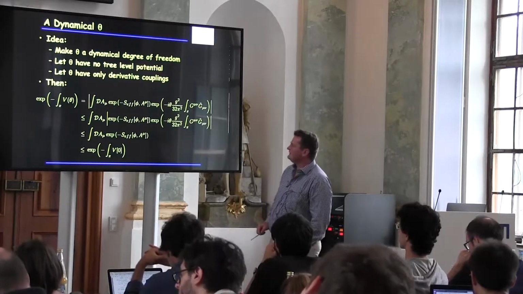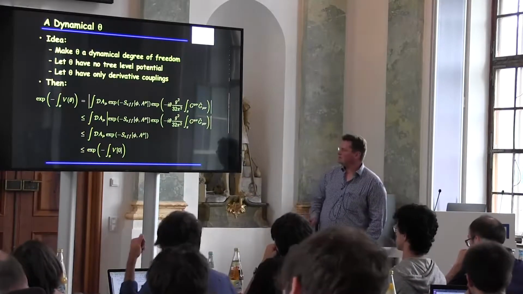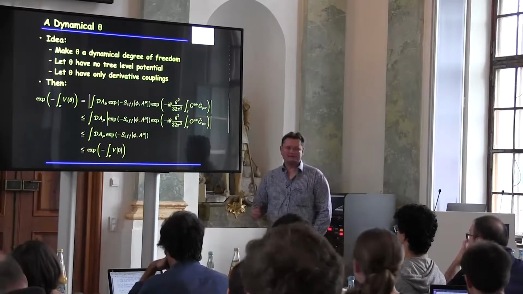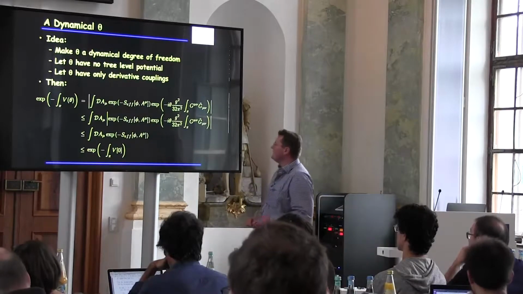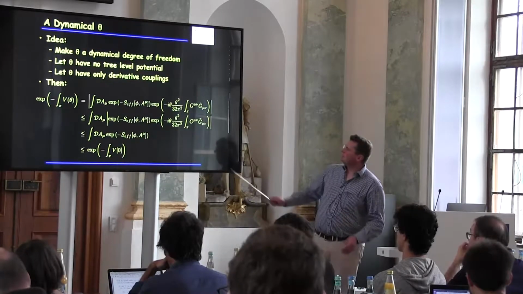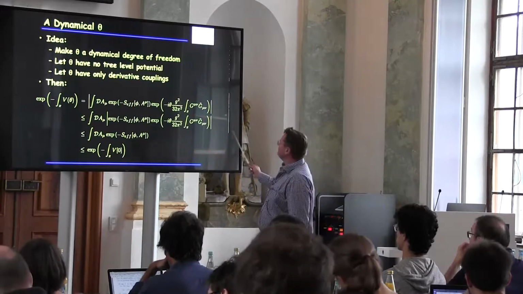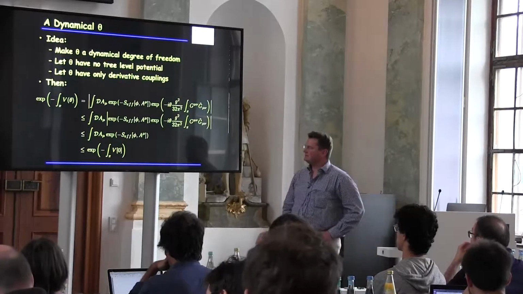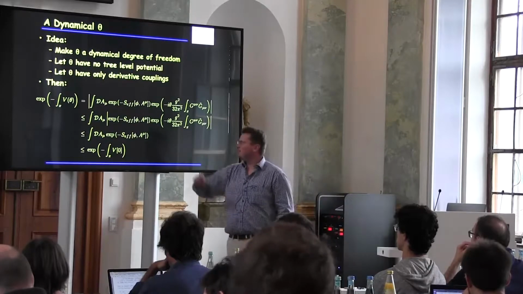So in that sense, this effective action here is actually real. So it's basically CP conserving and therefore real. Okay, so this is basically the path integral expression for this effective potential.